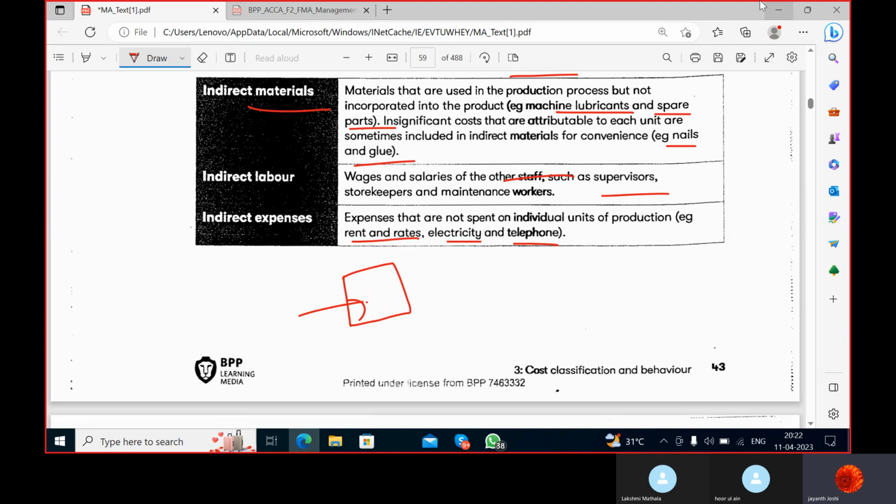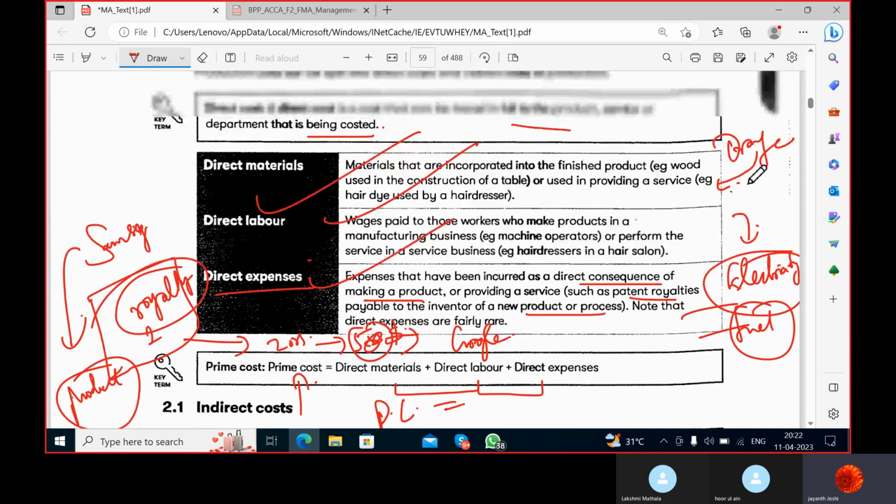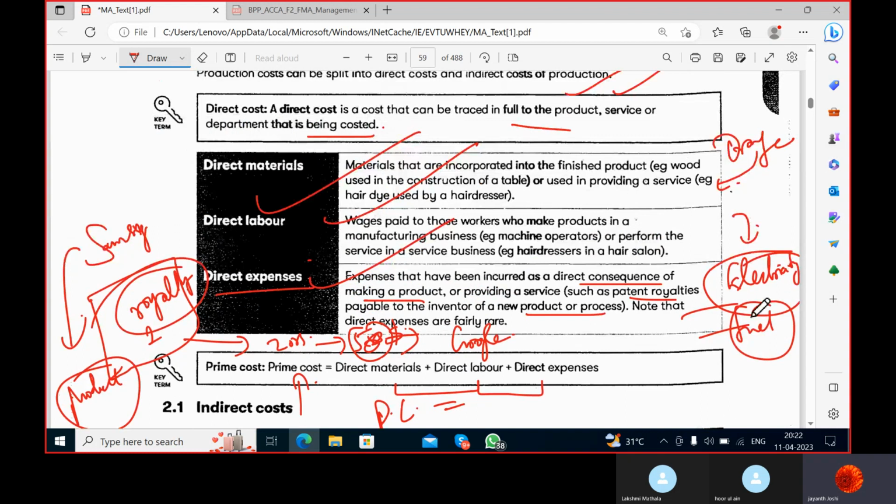Yeah, so let me give some clarity here. I just used a term here, electricity. I can say this electricity is not a direct expense, because electricity is nowhere involved directly in the production process, correct?